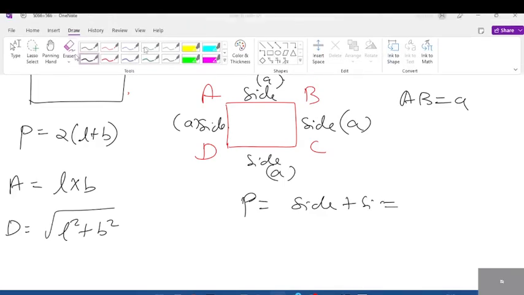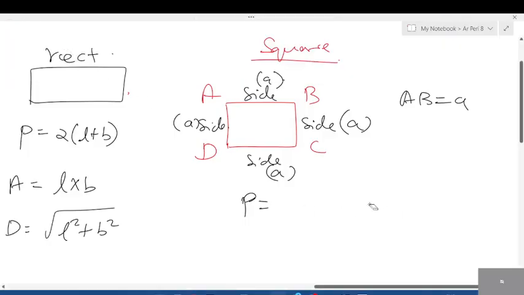If I add all four sides, what should I get? 4 times the side, 4 into side or 4 into A. These are the two things you have to remember. For perimeter of a rectangle, you have 2 into L plus B. For square, it is 4 into side, or 4 into A.